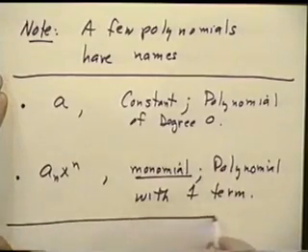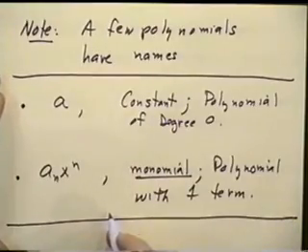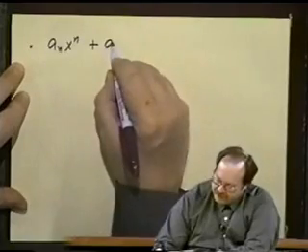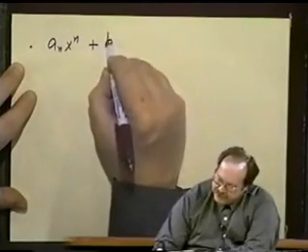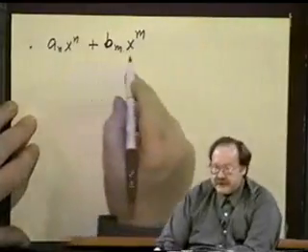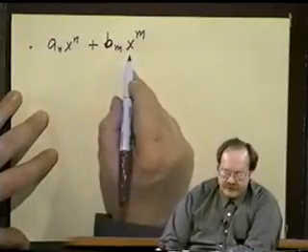All right. Now we're going to go ahead and look at some polynomials and the names for ones with a few more terms. What if you had something that looked like this? You had some an x to the n and then added to it b m, say x to the m. Now we're staying with a single variable because that's what we want to look at, although there could be different variables.